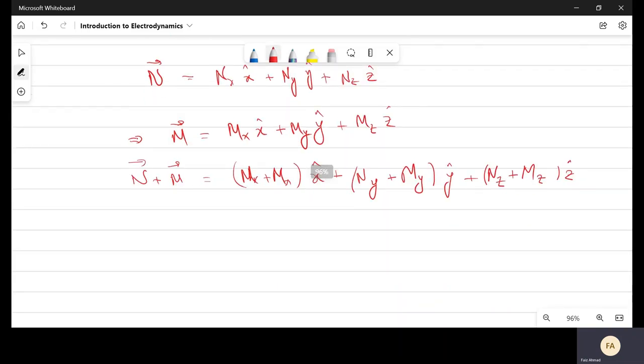So n and m look like vectors, but what is the problem? The problem is they don't have the direction.